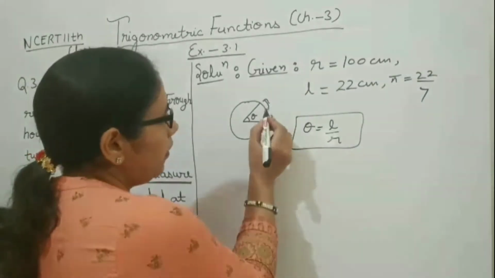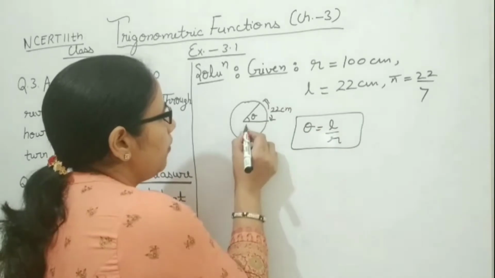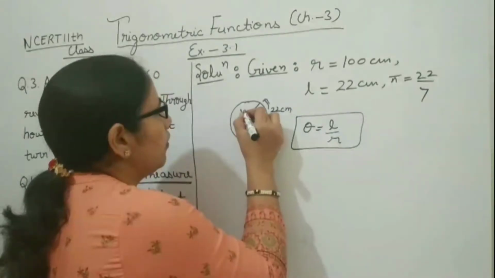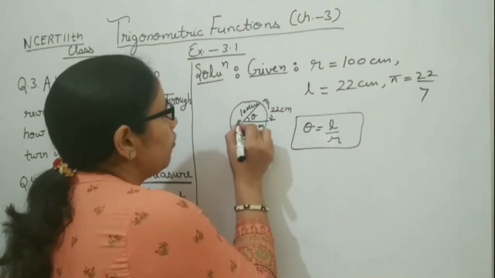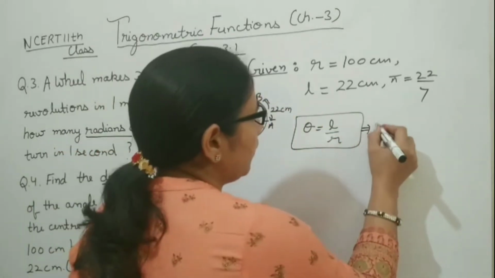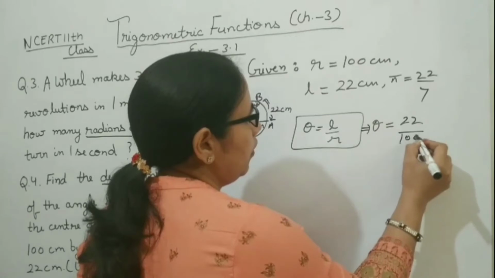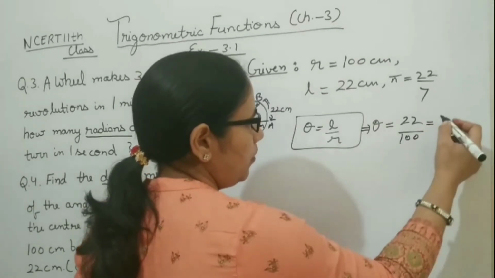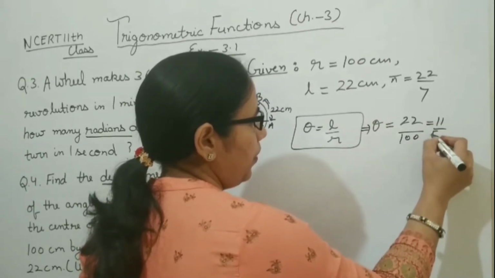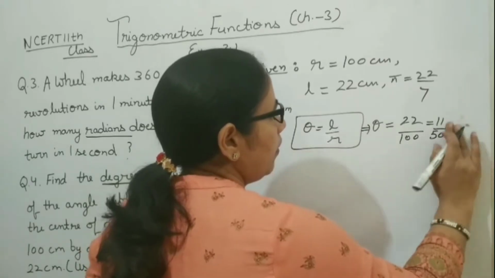So here L is given as 22 centimeter and r is 100 centimeter, and we have to calculate theta. So theta equals L, 22, and r is 100. So it will come out to be 11 over 50 in radians.